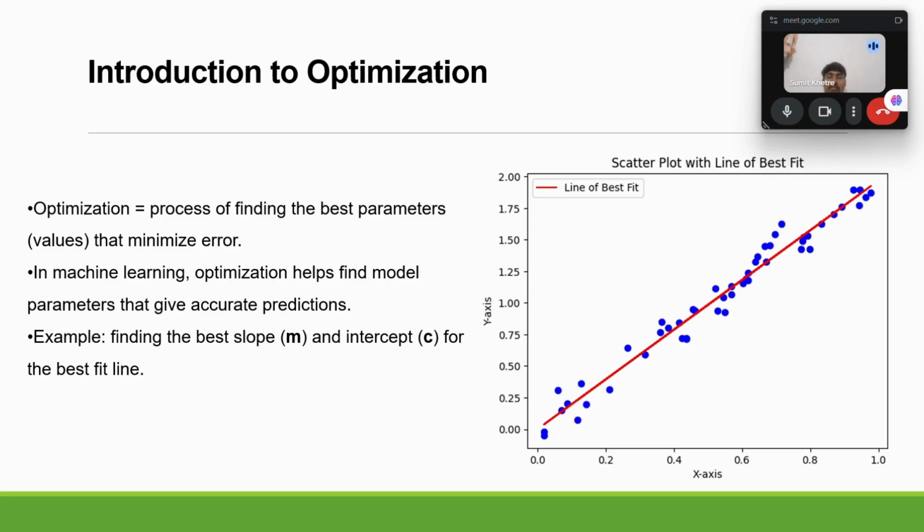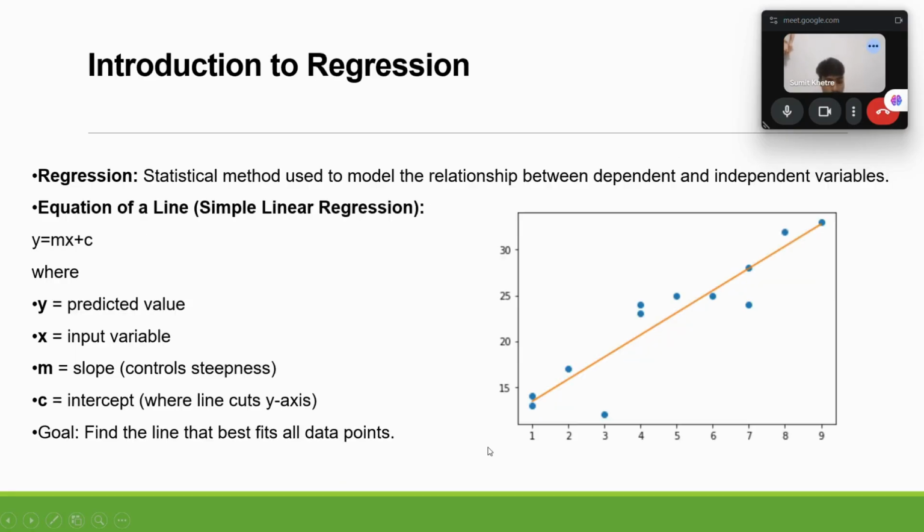For example, finding the best slope and intercept for the best fit line. As you can see in the diagram, we have drawn a slope with the best fit line that passes through the maximum number of points that are scattered over the graph. So that is the optimization concept.